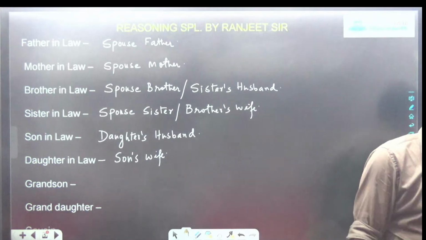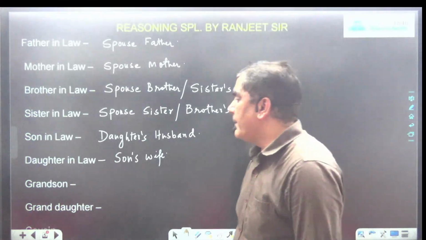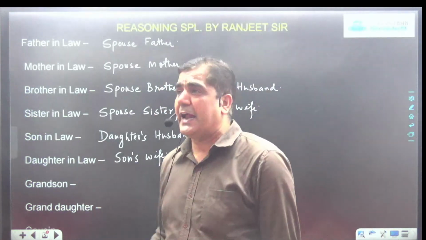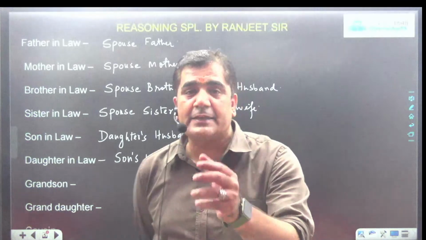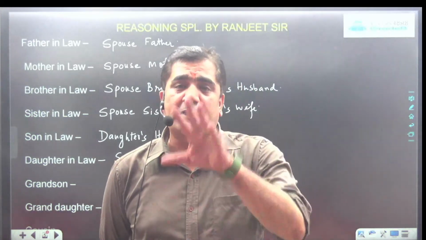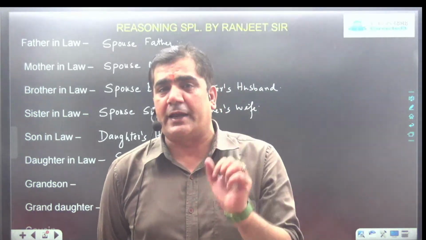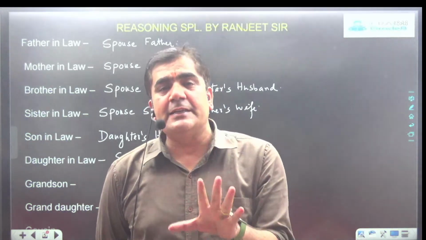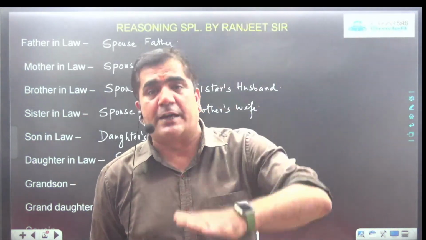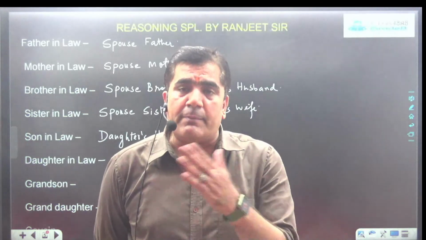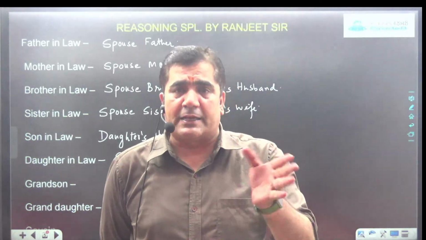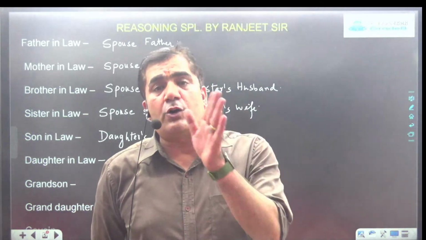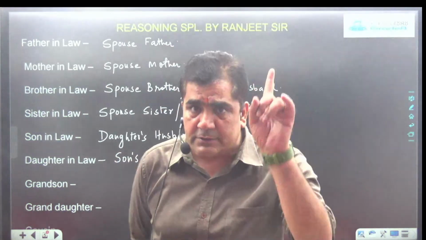Clear? Next one. Who will be my grandson? See, if I say grandson will be my son's son or my daughter's son, that won't be appropriately correct. So simply I will say grandson is nothing but my children's son. My children can be male or female, either son or daughter. My son's or daughter's son will be my grandson.